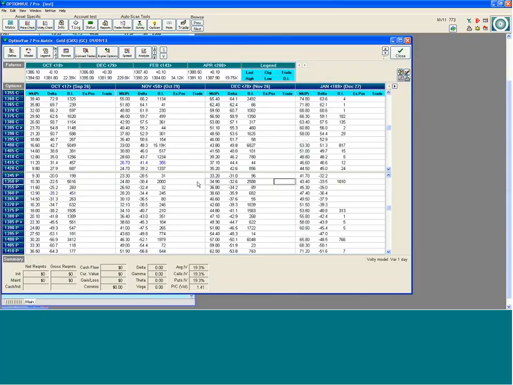That's a diagonal calendar put spread, just like the calendar spread we looked at, except now instead of making the strikes in both months the same, I'm going to purchase in December a higher strike. Like I'll buy the 1375 slightly out of the money put in December, and I will sell an out of the money 1350 put in the month of November.